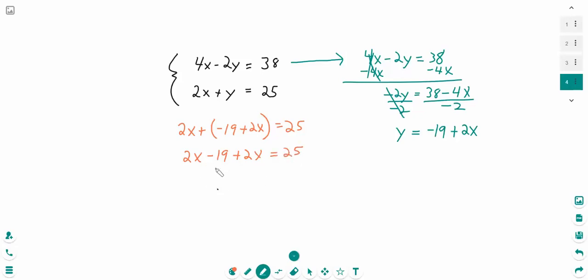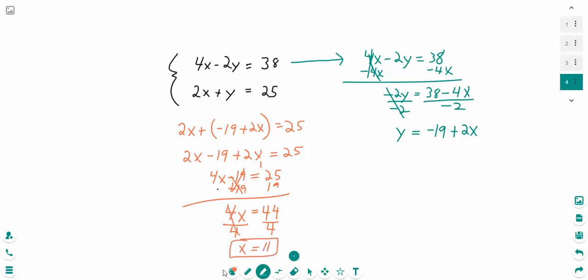We can combine like terms here. We end up with 4x minus 19 is equal to 25. Then we can add 19 to both sides, and we end up with 4x is equal to 44. And finally we can divide by 4, and it's just wonderful how these work out. This is going to be x is equal to 11.